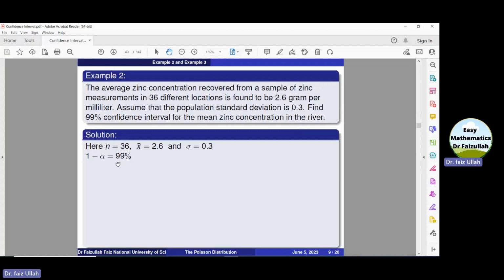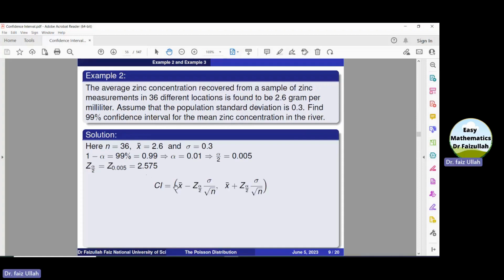So just like we have studied, we shall substitute 1 minus alpha equal to 99%, which is equal to 0.99. Simplifying this, we can get the value of alpha and then alpha by 2. And now just substitute the alpha by 2 here. We get z 0.005. From the table of normal distribution, we get the value which is 2.575.